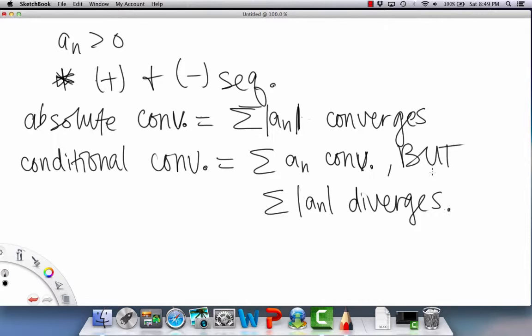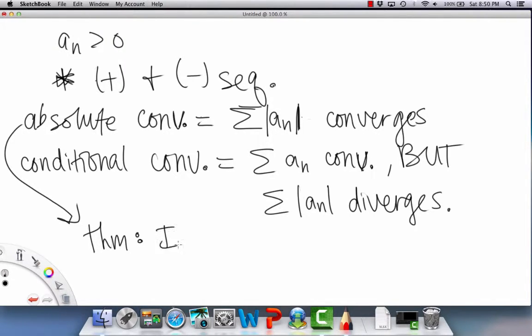And then along with absolute convergence, there is a theorem, which basically just states that absolute convergence implies convergence. That one's kind of redundant, but I'll write it here anyway for your reference.